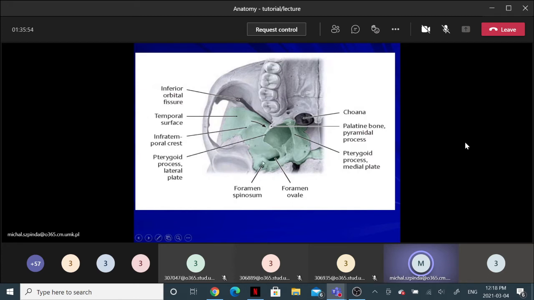Due to these 2, 3, or 4 foramina in the greater wing, the infratemporal fossa communicates with the middle cranial fossa. We cannot see the foramen rotundum anywhere here. It's not exposed on the external cranial base. It's deeply positioned in the pterygopalatine fossa.